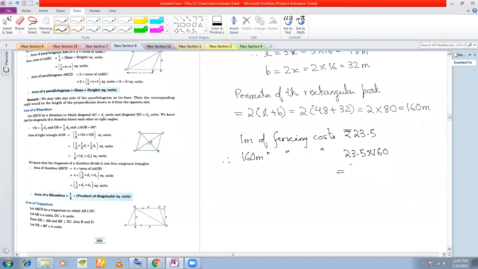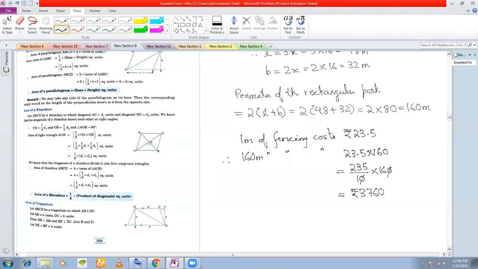But how? What you can do is write 23.5 as 235 by 10 into 160. The 10 cancels, and you simply have 235 into 16. If you multiply this, you will get rupees 3,760.